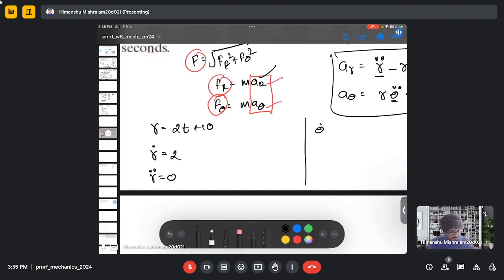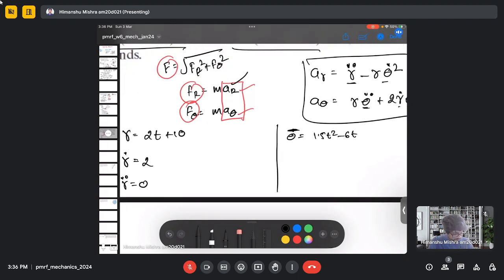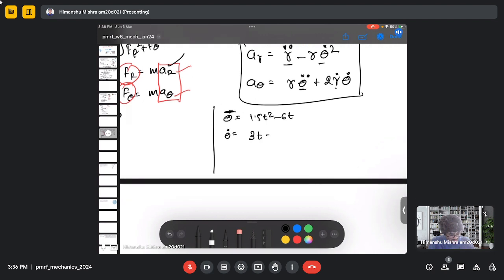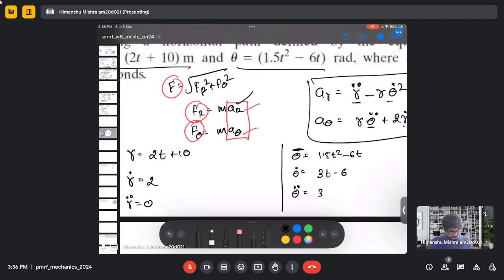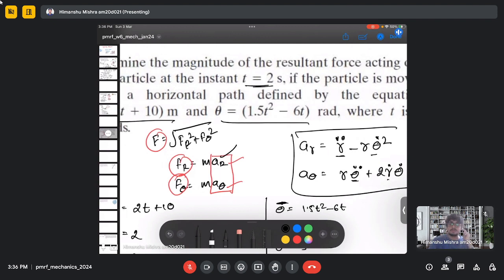Similarly, my theta is 1.5 t square minus 6t, so my theta dot will be 3t minus 6, and my theta double dot is 3.